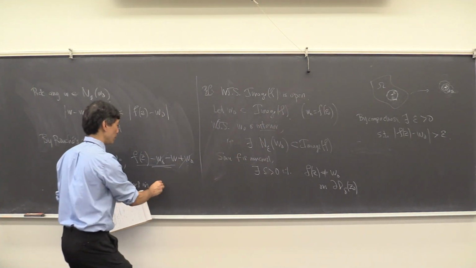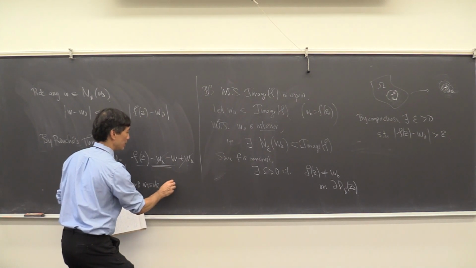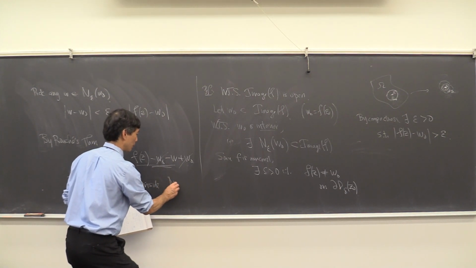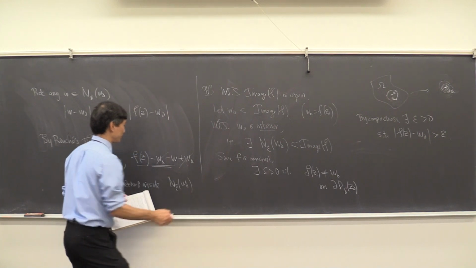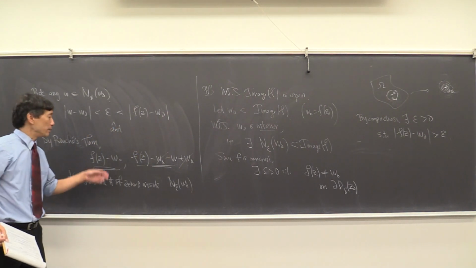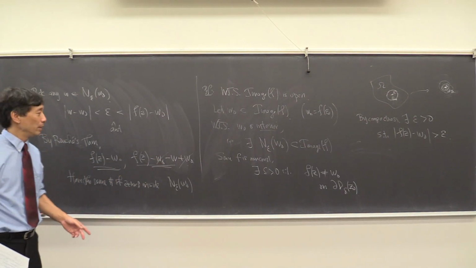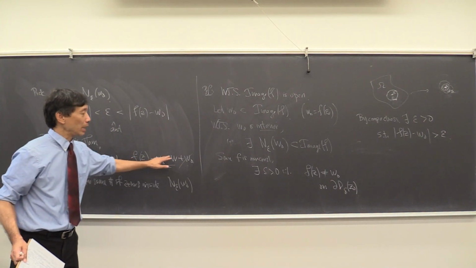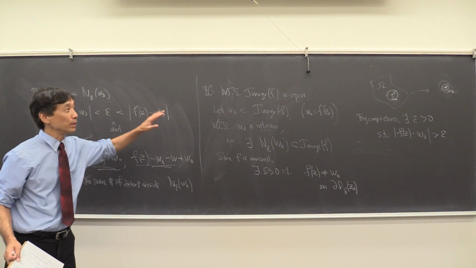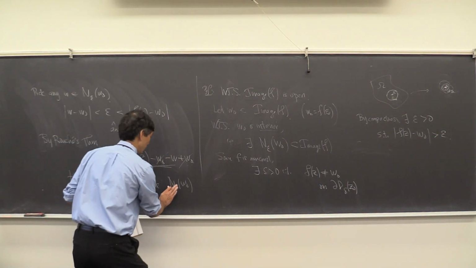Have the same number of zeros inside of the epsilon neighborhood. And since this has a zero there, then this guy also has a zero there. And so f of z must equal w inside there. Oops, sorry. This should be n delta.